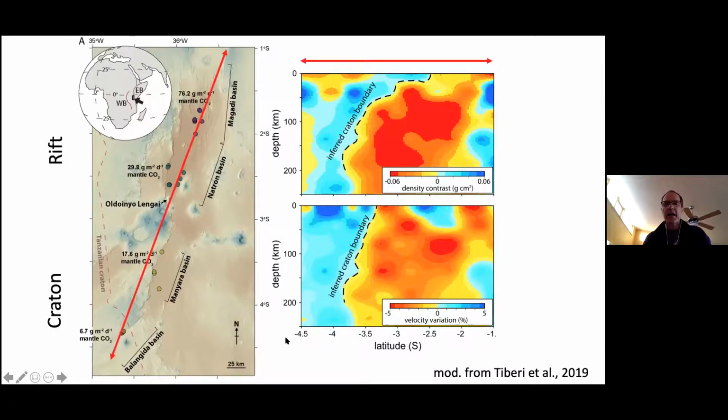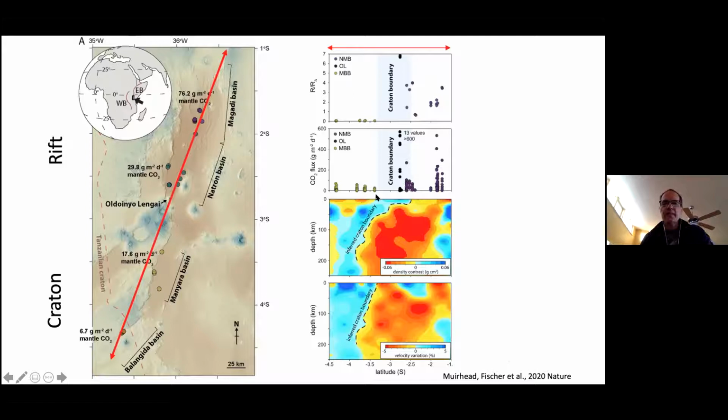And when you look at the geophysics, we see that the Craton boundary is right here, exactly where we did our transect. So again, this is an important boundary where the Craton meets the adjacent mantle, and we see the CO2 flux is very low. It jumps up once you get into the mantle area, and the helium-3,4 ratio is high and remains high.